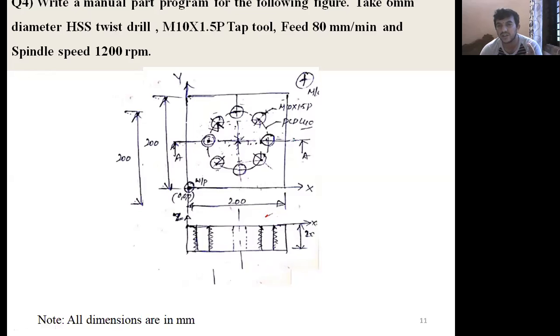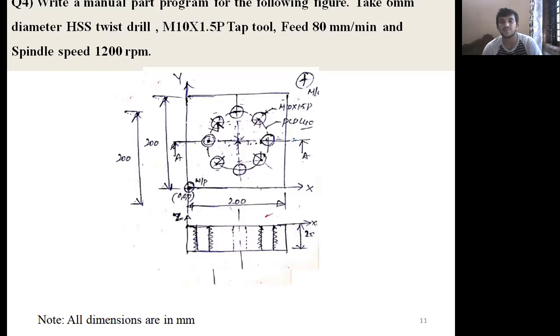Then I'll go for boring, from 6 mm to how much? 10 mm. Enlarge the diameter of the hole from 6 mm to 10 mm, that is a boring operation. Then you go for tapping, M10 into 1.5 P. So here three operations are there: one is the drilling operation, second is the boring operation, and third is the tapping operation.